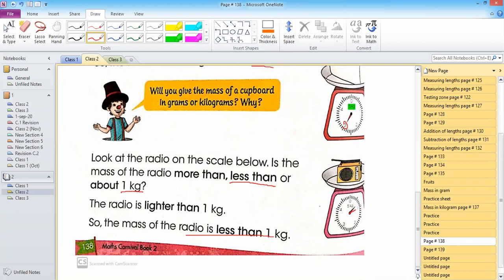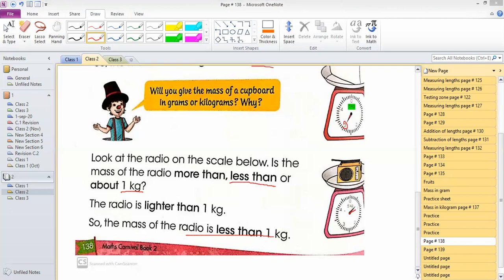If it is before 2, you will say it is less than 2. If it is before 3, you will say it is less than 3 kg. Is it clear, guys? Yes, sir. That's very good.